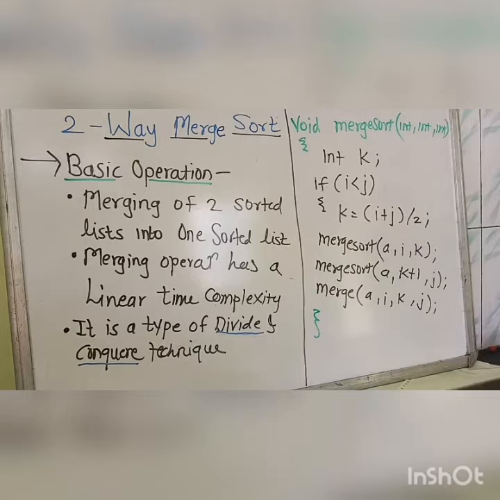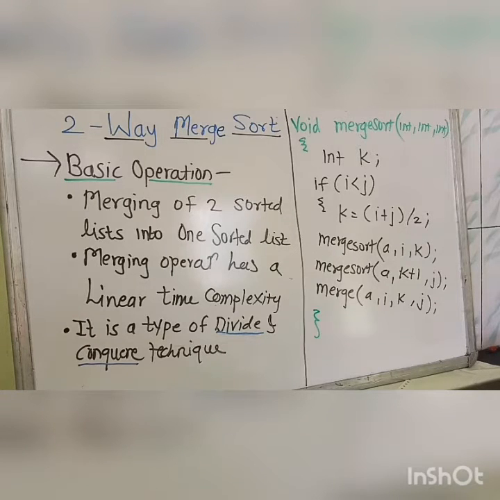Now we will see in detail the basic mechanism behind the merge sort. Why are we calling it a two-way merge sort? Because we will separate the whole array into two separate parts and then apply the merging procedure to combine these sorted arrays.